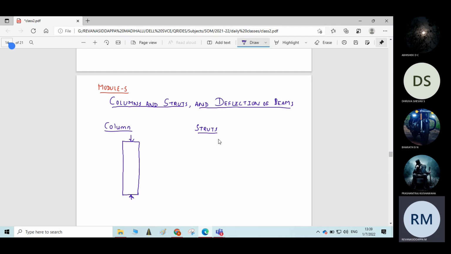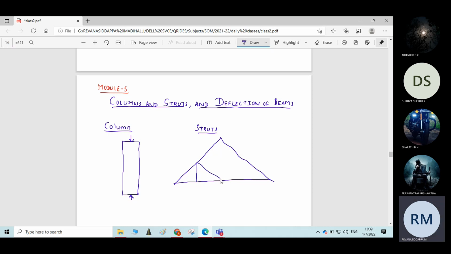The best example is the members we use in a steel truss; they are all examples of the strut. They will be inclined in nature most of the time.